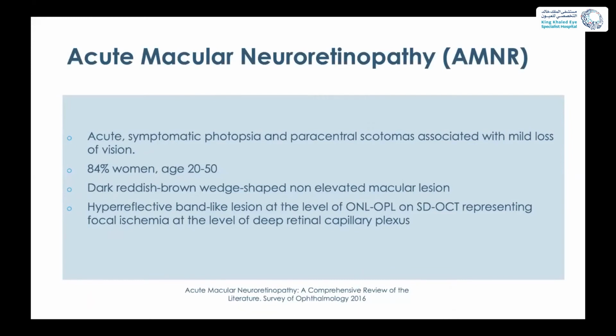And the mean age is around 30 years old, and it usually presents on exam with a dark reddish brown wedge-shaped, non-elevated macular region. And usually in OCT, they will have a hyperreflective band lesion at the level of the outer nuclear layer and outer plexiform layer, representing focal ischemia at the level of the deep retinal capillary plexus, not the intermediate.